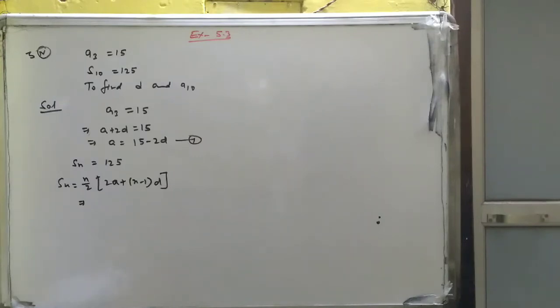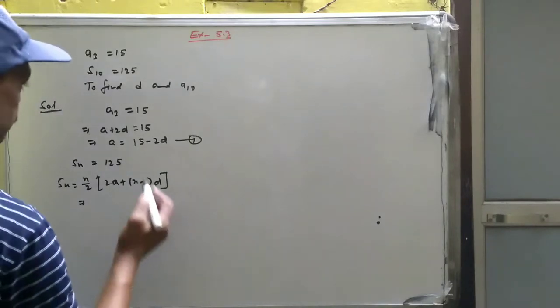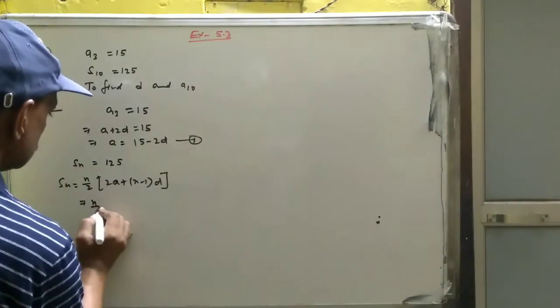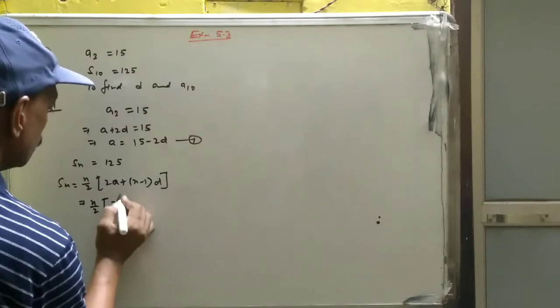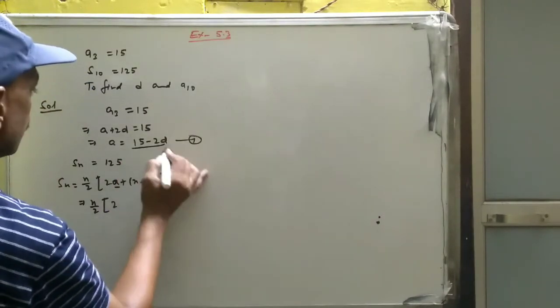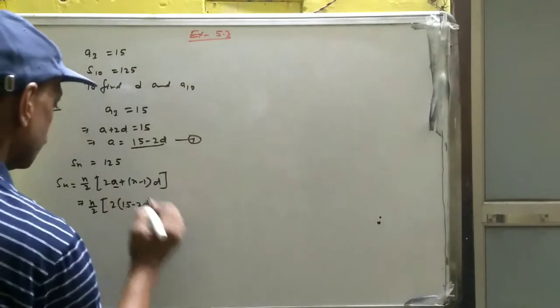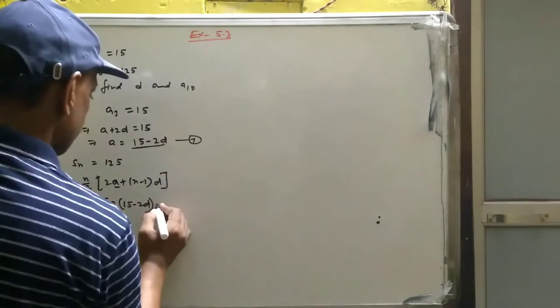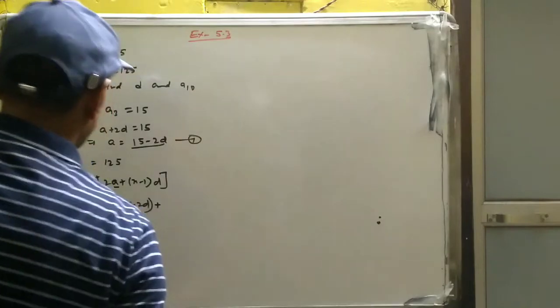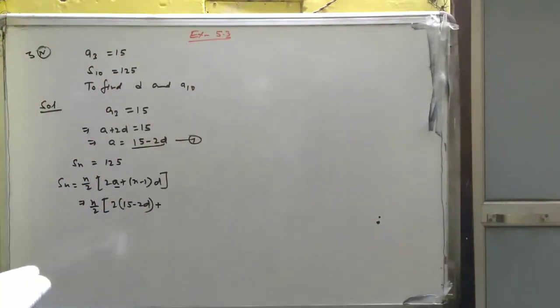N by 2, at the place of 2a, we will write 15 minus 2d, this one. And 125 is the value of S10.